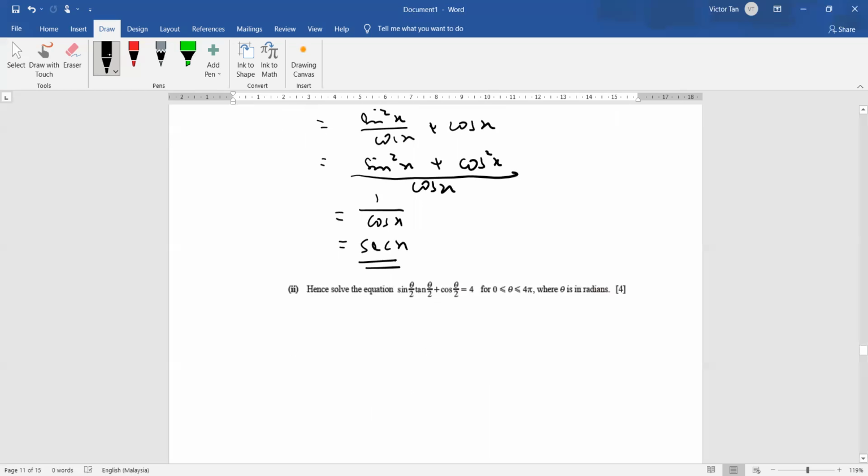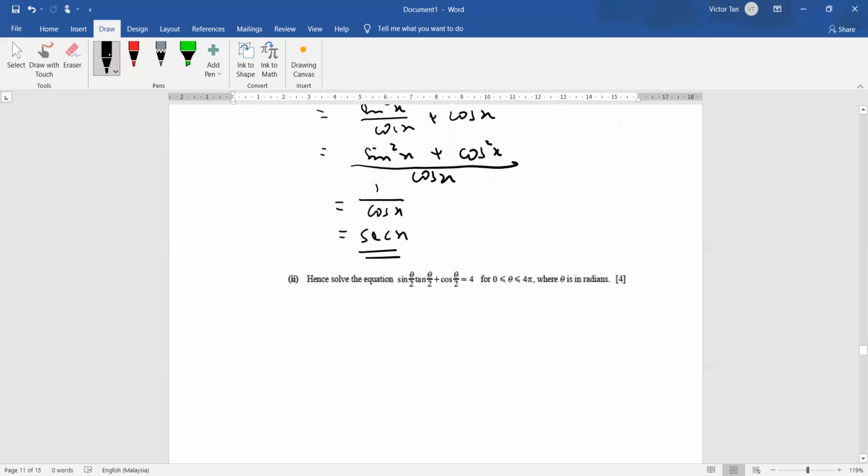Hence, solve the equation in 0 to 4 pi. This is important. So this will be secant theta over 2 equals 4, so cos theta over 2 equals 1 over 4. Now this is in the first and the fourth quadrant. Remember to change the mode from degree to radian.